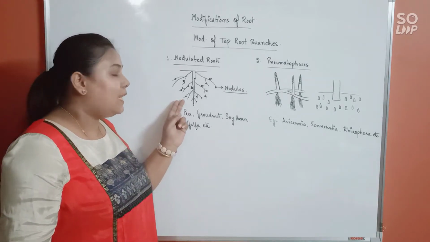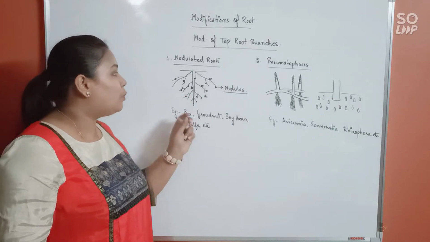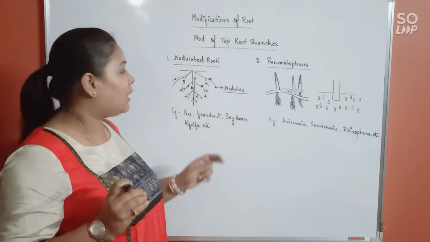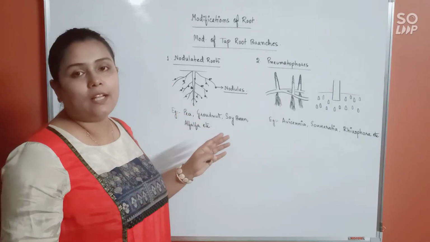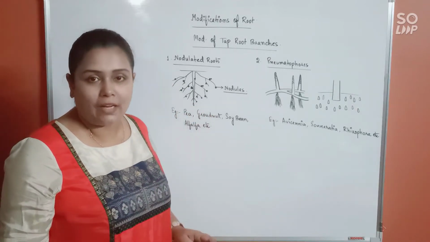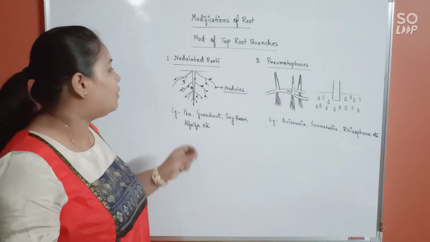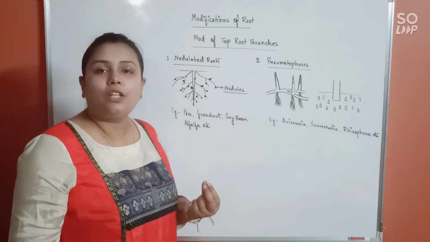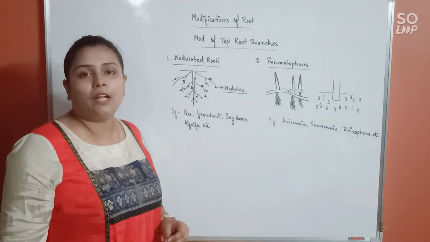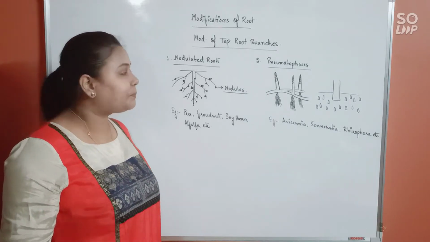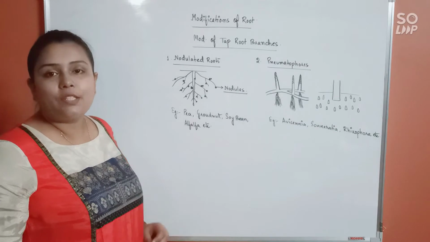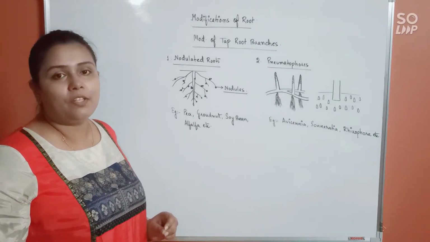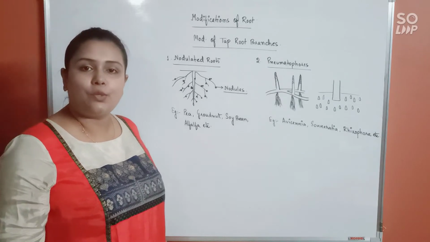In such families, the plants will bear certain large, irregular swellings throughout the root, mostly arising in the secondary and tertiary branches, but a few might arise in the primary root as well. These structures are known as nodules. These nodules consist of millions of nitrogen fixing bacteria, that is rhizobium.